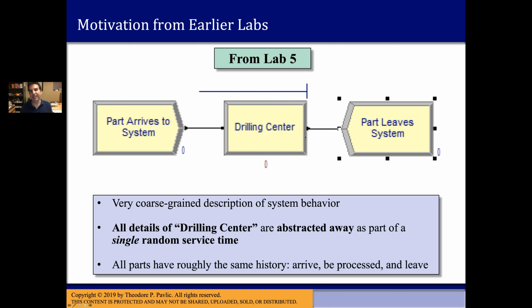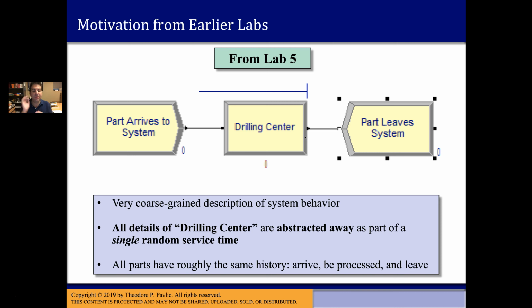Now, that leaves a lot to be desired because, of course, the drilling center is probably a complex system of sub-processes, some of which don't need to be modeled stochastically, because we know how you get from one sub-process to another, and it's the same for every entity that comes through, and other ones that do need that stochastic modeling.